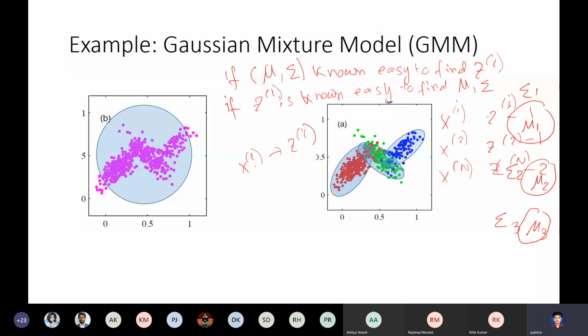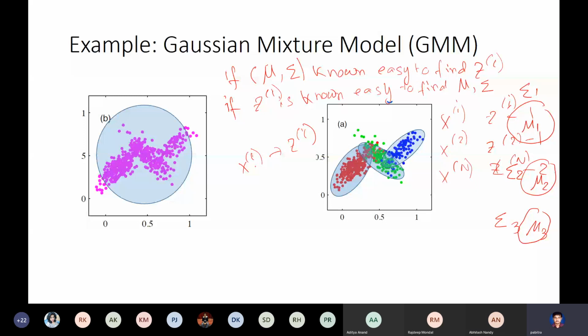Sir, I have a couple of doubts here. First of all, Z is the latent variable, right? Yes. Sir, a few slides back you told that pi was a latent variable. Or sorry, no, pi is not the latent variable. Pi is a parameter. Pi, mu, sigma are parameters. Very good point.